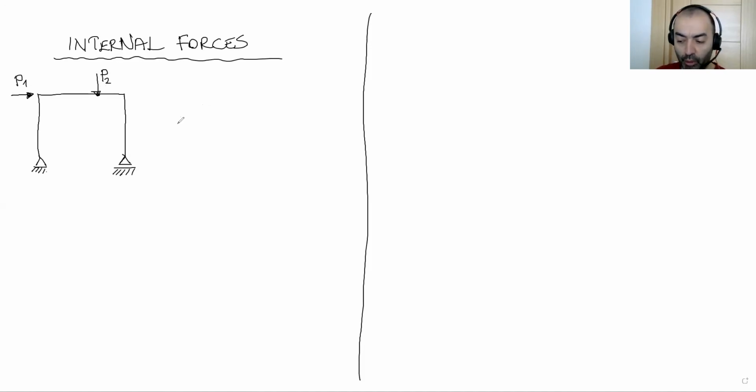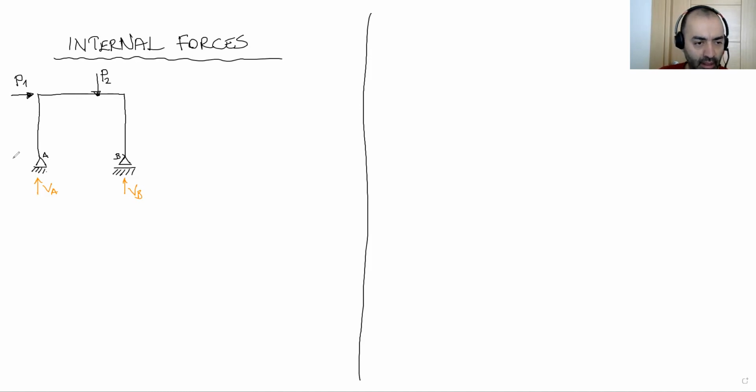What we do first under these loading conditions, remember from the support reactions, we always calculate the support reactions first, right? Let me change color. So we will have VA, VB support reactions, and here the point A is a pin support.